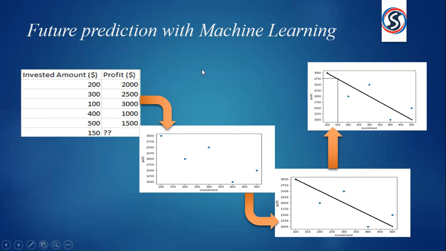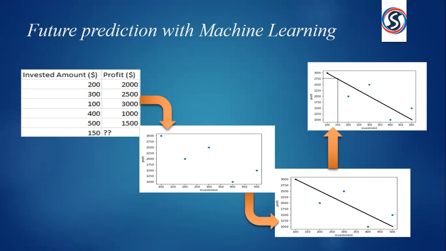And if it were inversely proportional, that means if my amount is increasing, my profit is decreasing. But we don't find such a pattern. The concept of directly proportional doesn't work here, and the concept of inversely proportional also doesn't work.